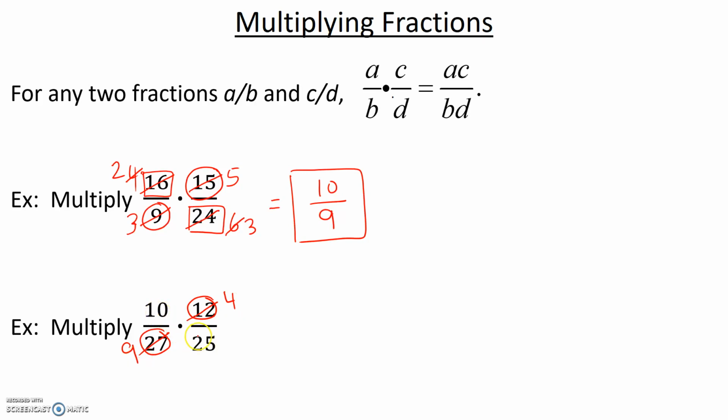Let's look at 10 and 25. 5 goes into 10 twice, and 5 goes into 25 5 times. 2 times 4 is 8. 9 times 5 is 45. We always have to make sure if this fraction is in lowest terms. 8 over 45 is in lowest terms because there's no number that can divide both 8 and 45, so this is our final answer.